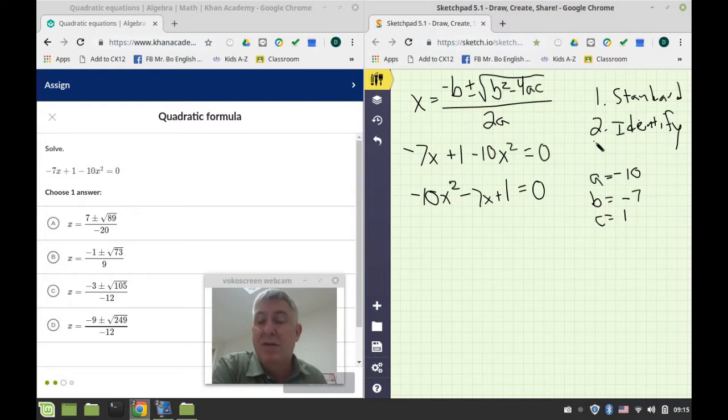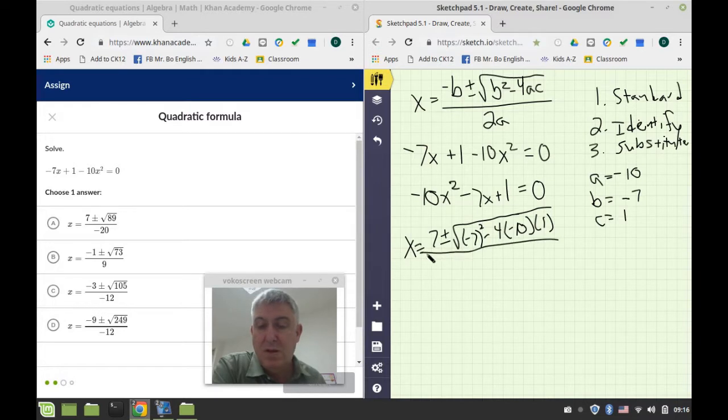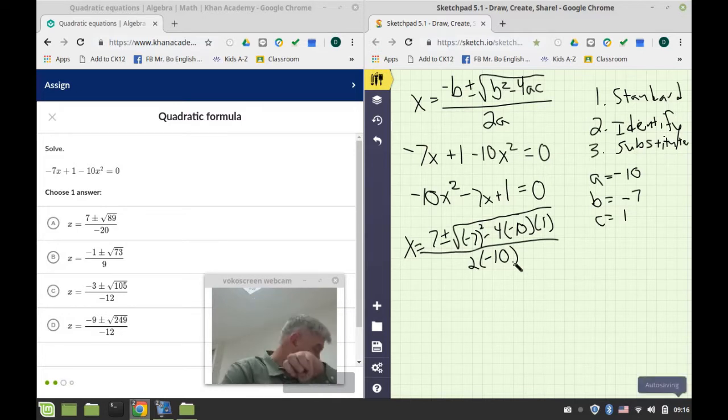And then our step 3 is to substitute. So we're going to substitute into our quadratic formula. So negative b, so that's 7, plus or minus square root of b squared, negative 7 squared, minus 4 times a times c, all over 2 times negative 10.